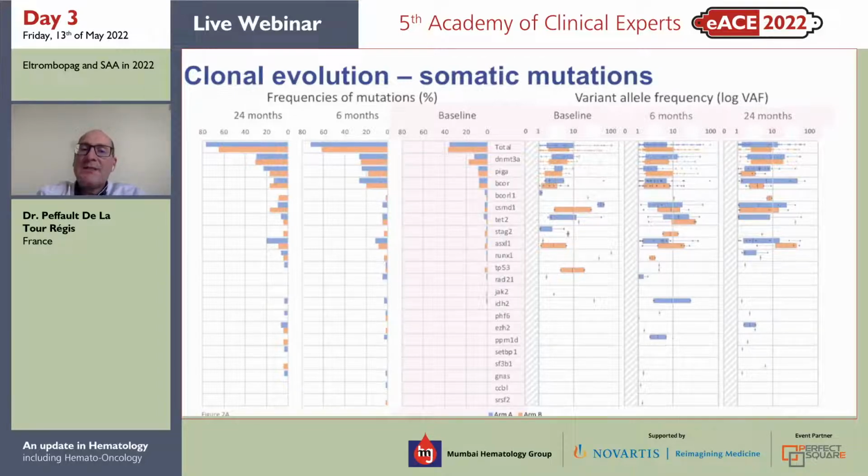We did not have any difference between standard treatment and patients who received eltrombopag on top of ATG plus cyclosporine. But we did see a significant number of patients in both arms presenting with myeloid cancer gene mutations. That was about 30% at baseline and 60% at 6 months after immunosuppression. As you saw before, we did not expect 60% to develop AML or MDS.